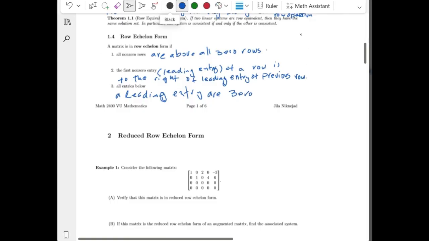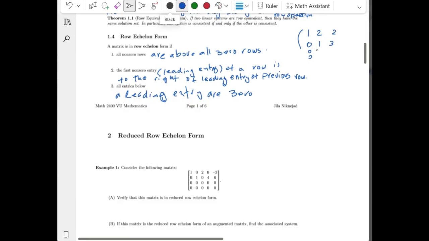So let's look at this. Basically, if you start with a leading entry 1 here, all the entries underneath it should be 0. Then on the second row, you have to move to the right at least once to have a leading entry, let's say 1 here.